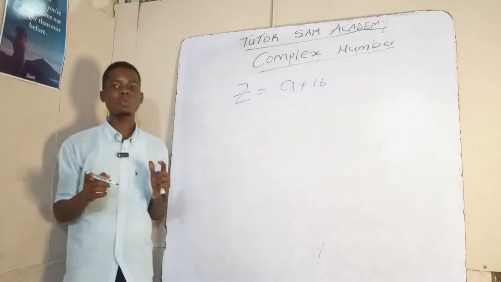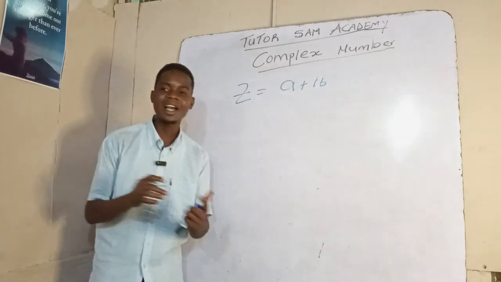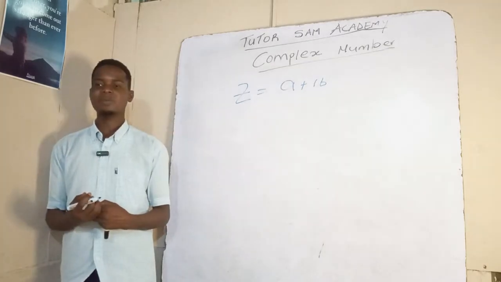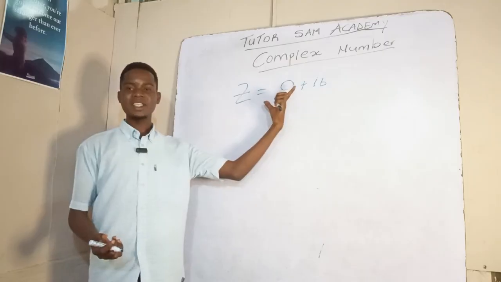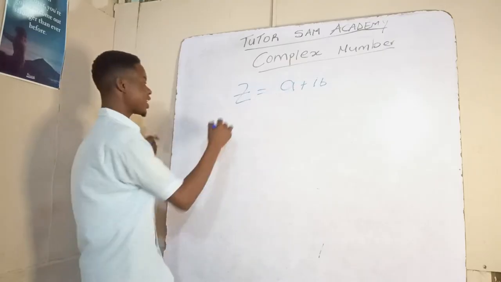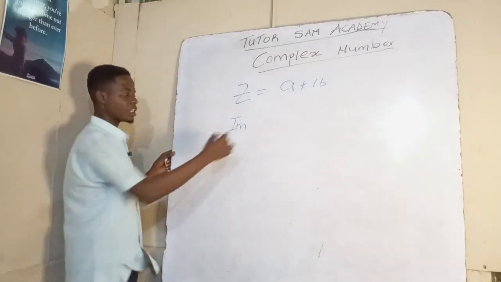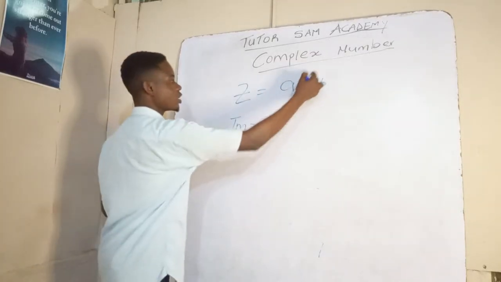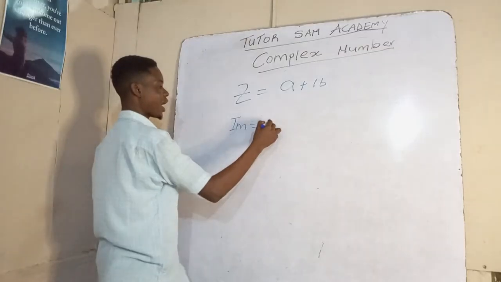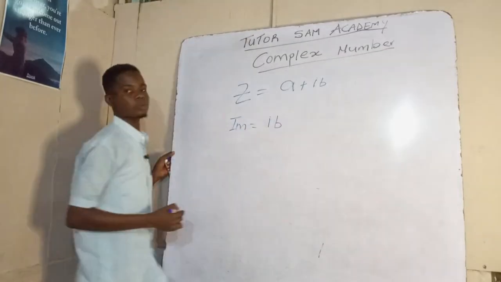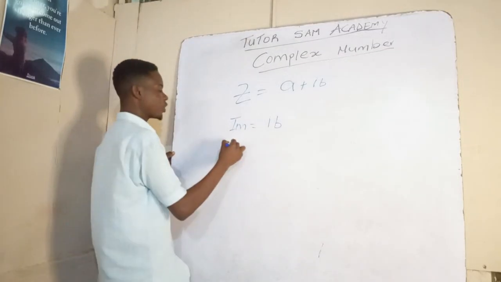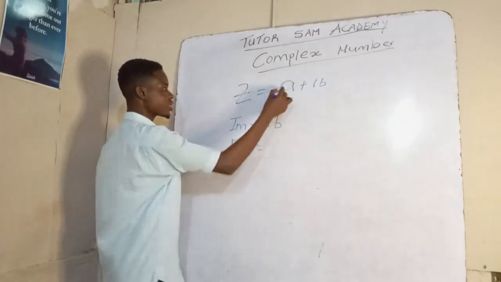In case you are asked to find the imaginary part and the real part of a complex number, if a complex number is represented this way, let me represent this with imaginary part. The imaginary part is what? This part, which is what? ib. Are we together? While the real part is what?